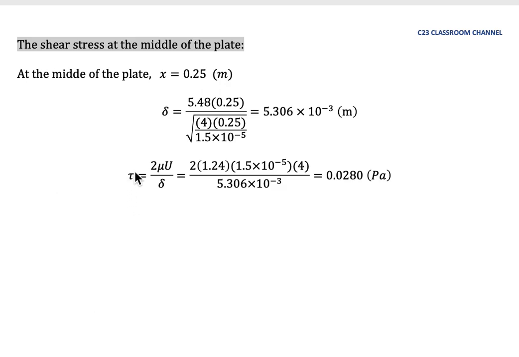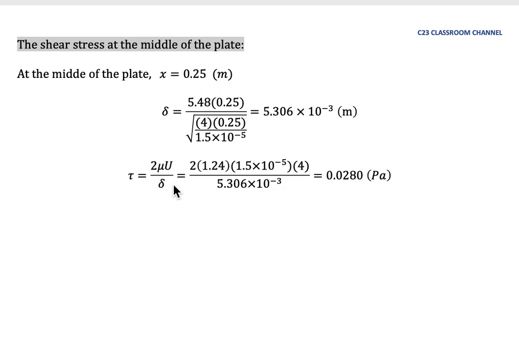But for Newton's law of viscosity, the equation is complete. So we use the equation from Newton's law of viscosity. Tau is equal to mu U over delta, and this equation varies from time to time because it depends on the velocity profile.